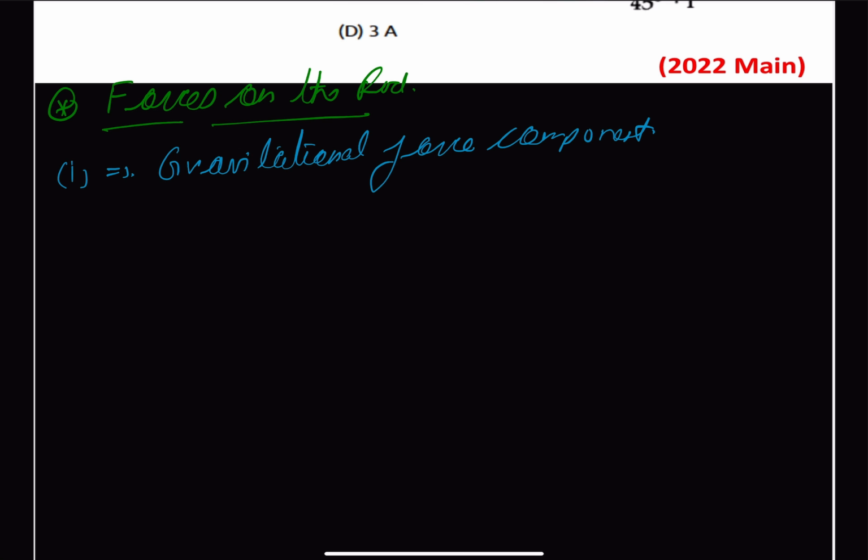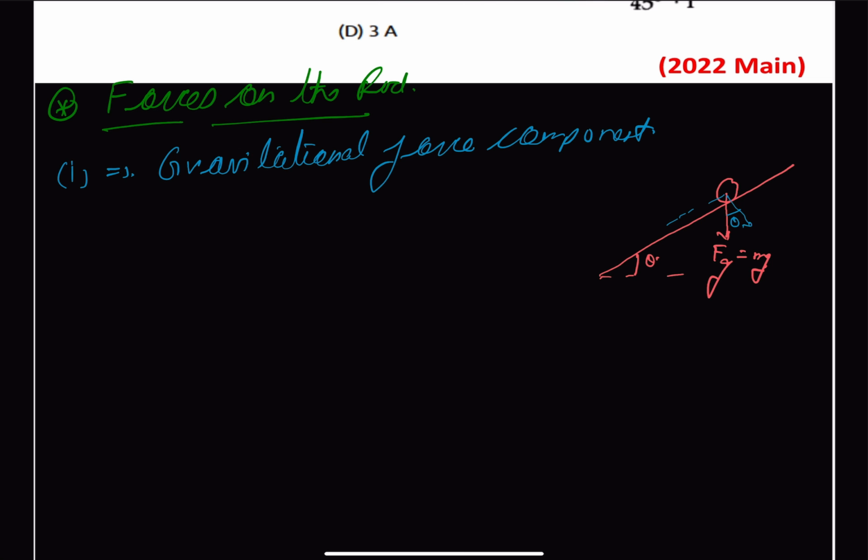Let me draw the figure also. So from the side, if you look, the rod will be something like this. Okay. And there will be a component which is our gravitational force. Let us call this Fg, which will be nothing but mg. And the angle, let us suppose, is given as theta. So we can divide this into two components, down the inclined plane and perpendicular to the inclined plane.